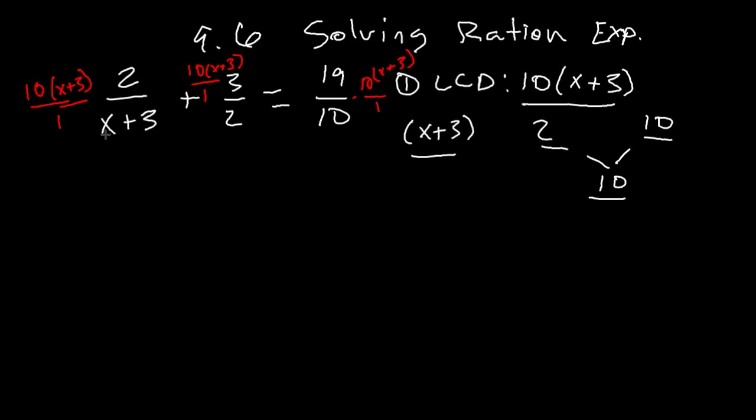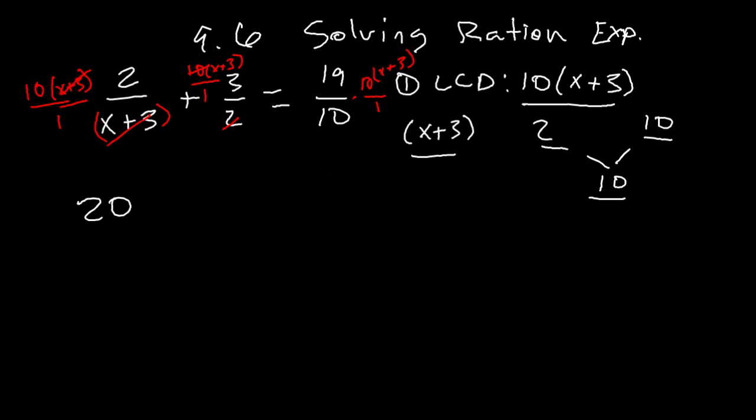Okay? So if we look, right here, the x plus 3's are going to cancel, leaving us with just 10 times 2, or 20. Now, over here, there's no x plus 3 to cancel, but the 2 will cancel. 2 goes into 10 5 times.